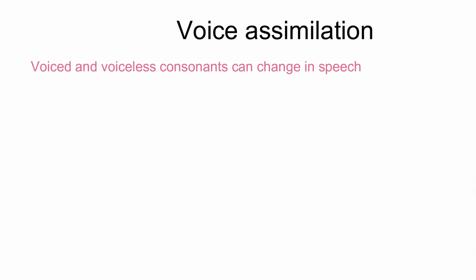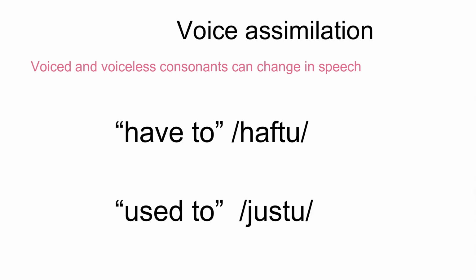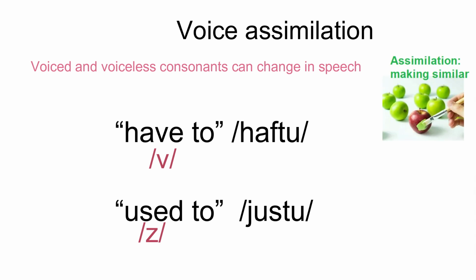As a non-native speaker, you must have been taught to pronounce "have to" as "hafta" and "used to" as "usta." You might have wondered why, since the v in "have to" is a voiced phoneme, and "used" alone is pronounced with z. The reason is the phenomenon called the assimilation of voice.